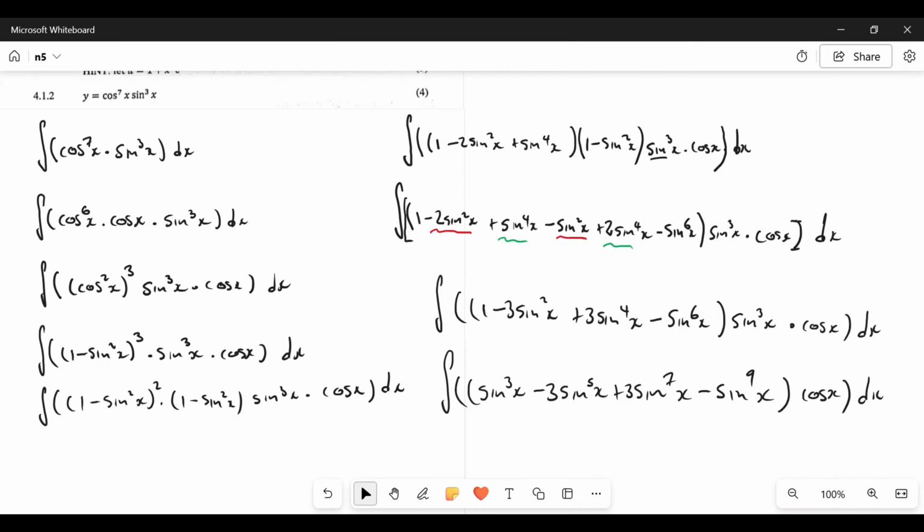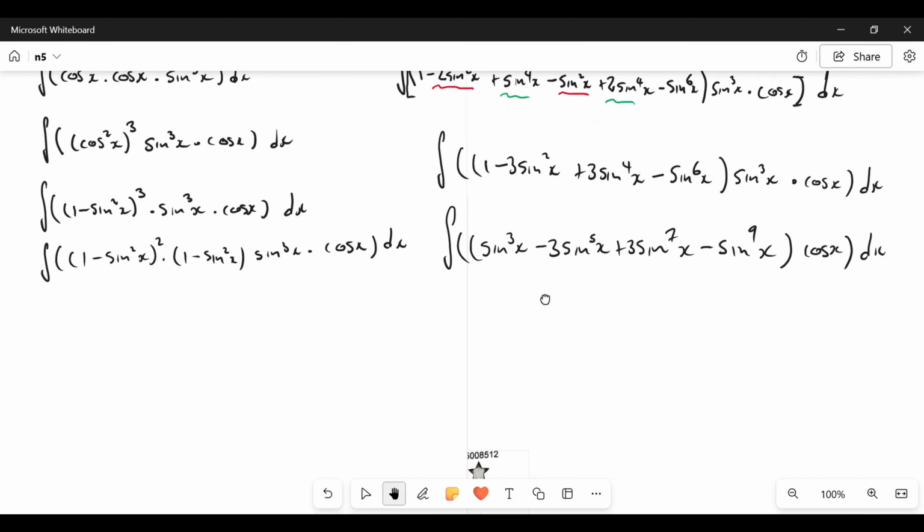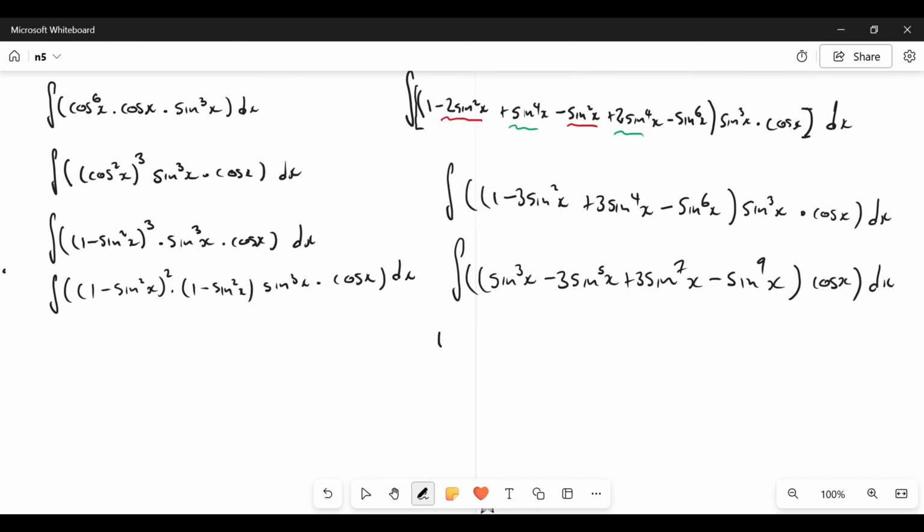There we go. So this here, guys, we can for now leave it like this, and then let's use substitution to solve this. So we can say let u equal sine x. Let's differentiate. If we find du over dx, what is the derivative of sine? It's going to be positive cos x.